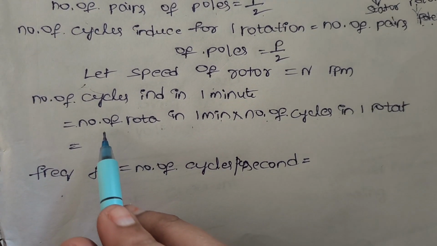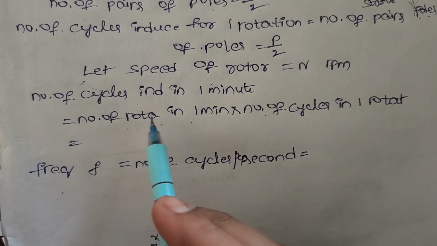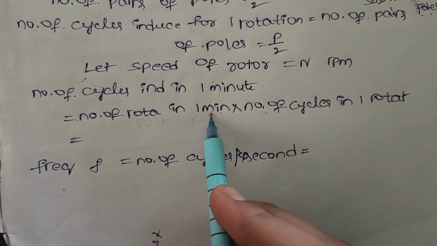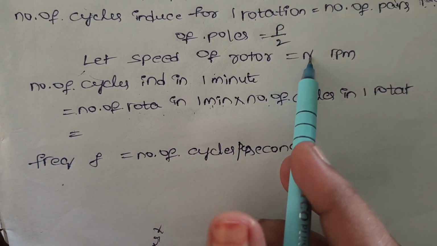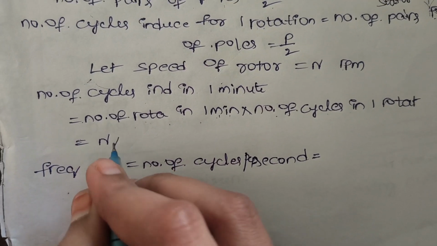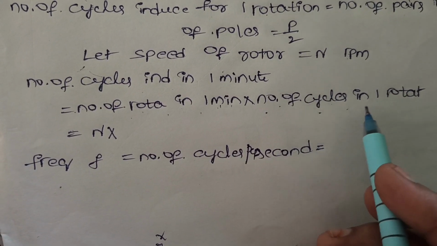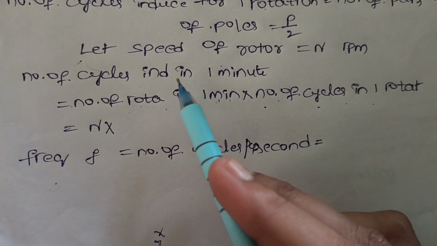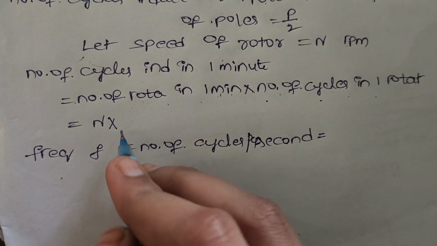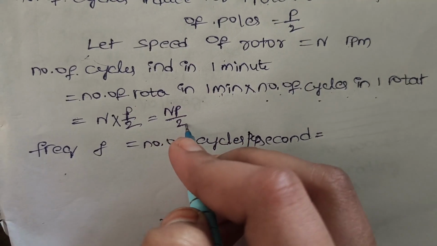The number of rotations in 1 minute is revolutions per minute, the symbol N. So N into the number of cycles in one rotation, which equals P by 2. So N into P by 2, this is NP by 2.